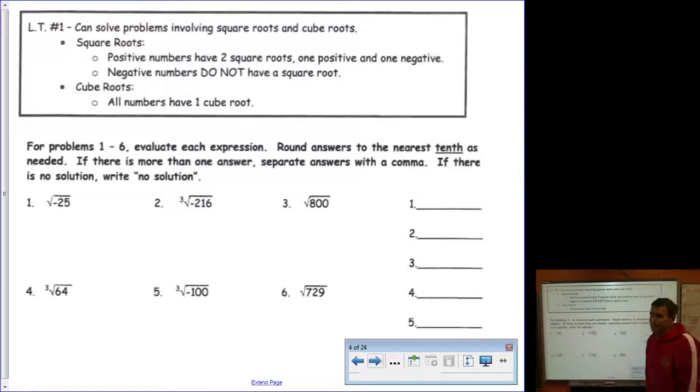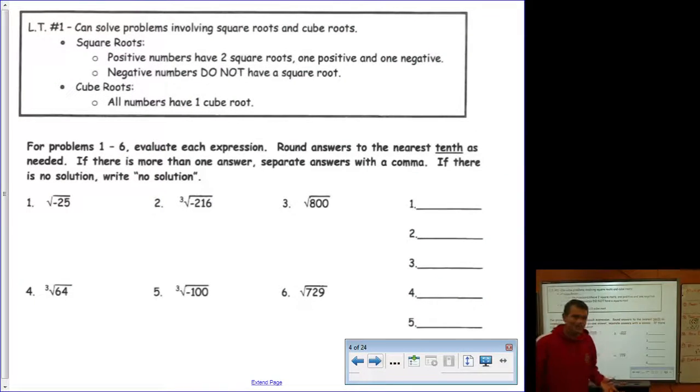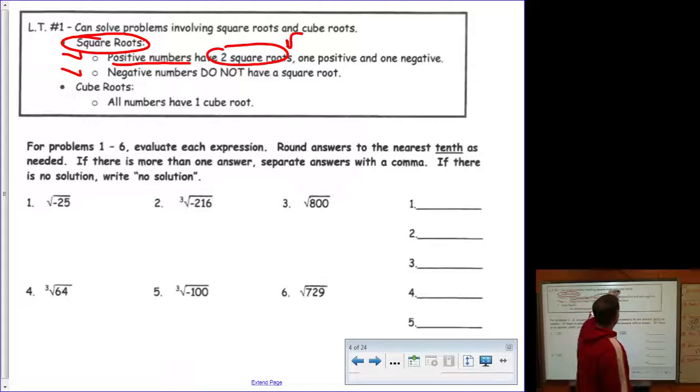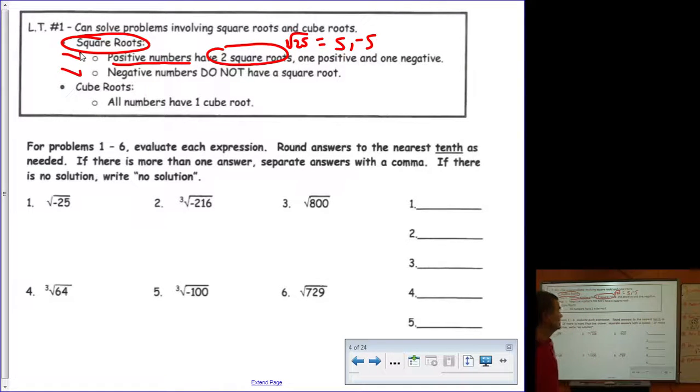Okay, so the most important thing about this learning target number 1 is that you know this, right? When you are taking square roots, the square root of a positive number has 2 answers. Like the square root of 25 equals 5 or negative 5, 2 answers.